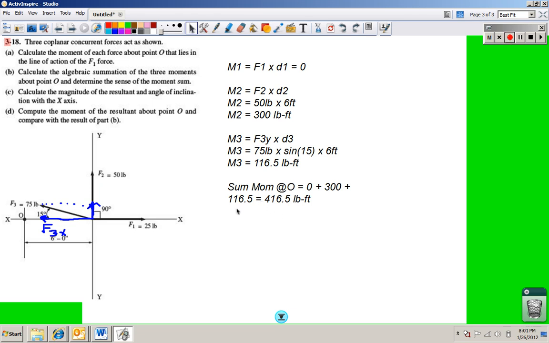That's in a positive direction, so that is going to tend to be a counterclockwise moment. Oops, that one should be a W. Alright? Good.